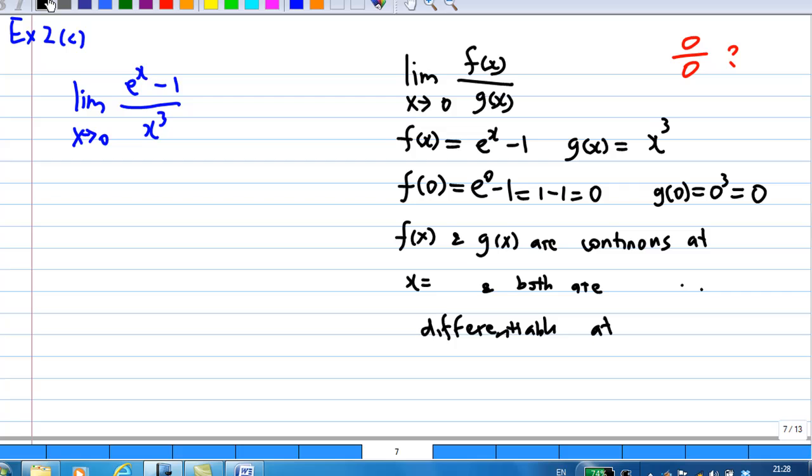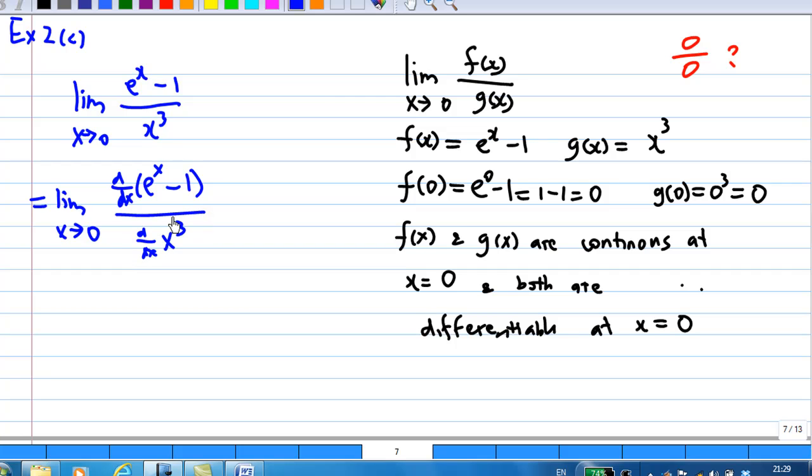As we know that the functions e to the power x minus 1 and x cubed are continuous at the point 0 and differentiable at the point x equals 0, by using L'Hopital's rule, this is the limit as x goes to 0 of the differentiation of e to the power x minus 1 over the differentiation of x cubed.